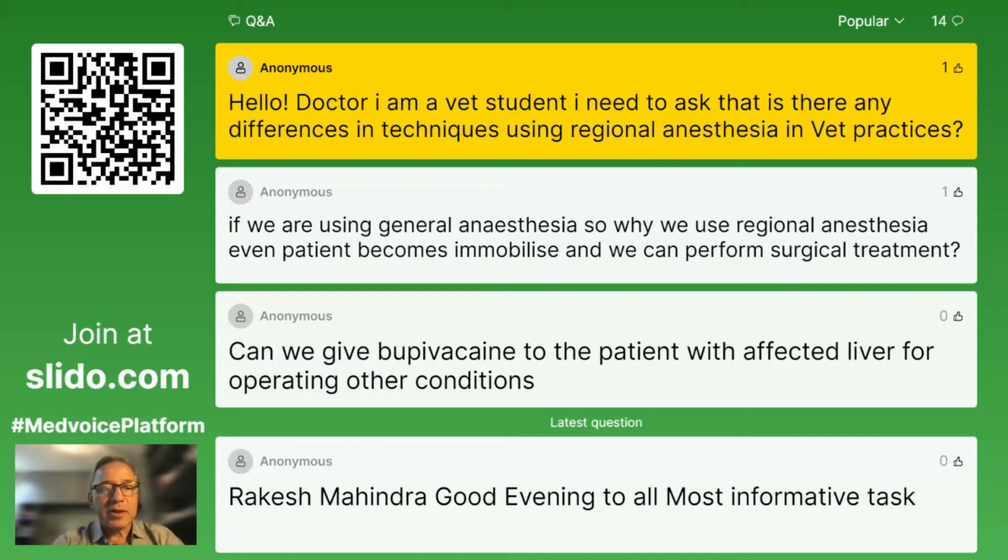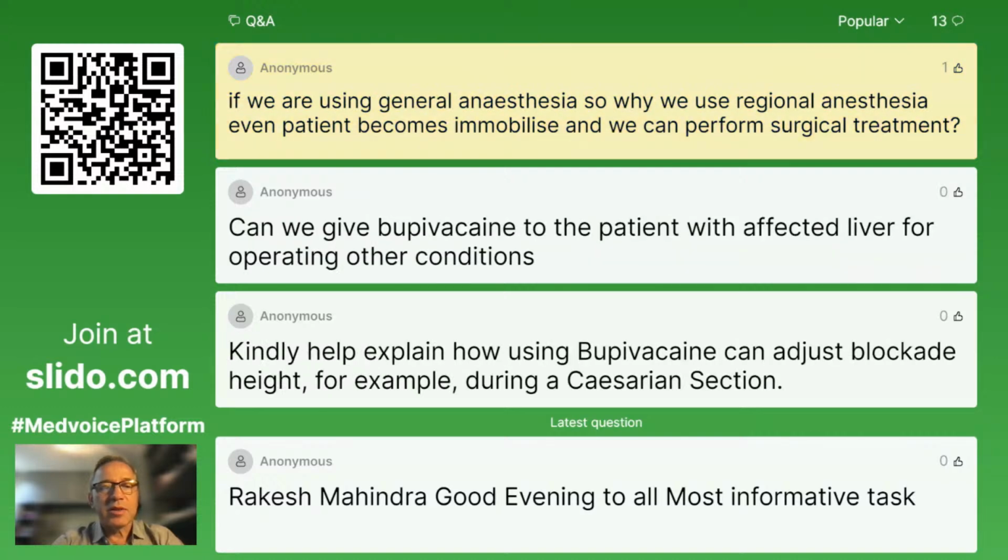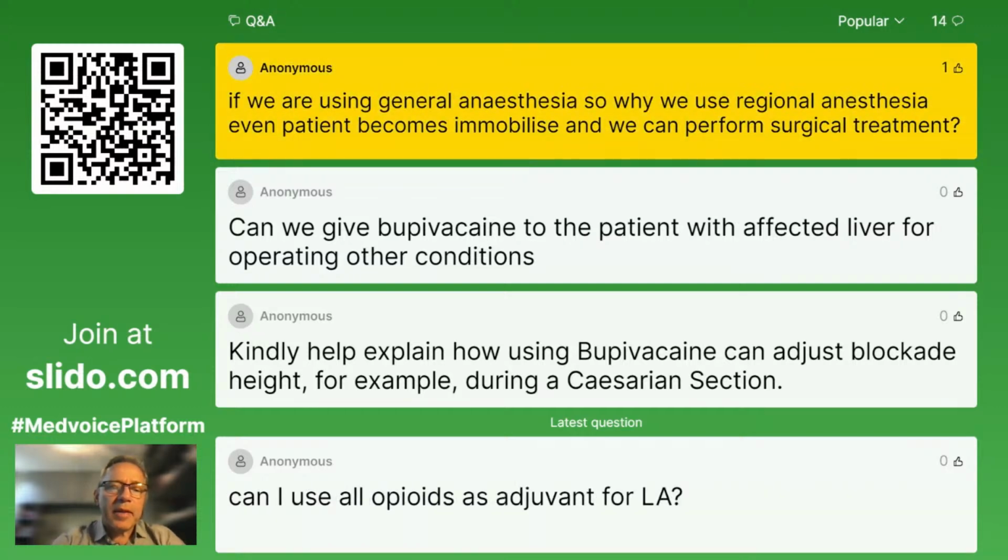So the next question is, if we are using general anesthesia, why do we use regional anesthesia even if the patient becomes immobilized and we can perform surgical treatment? General anesthesia classically consists of three parts.